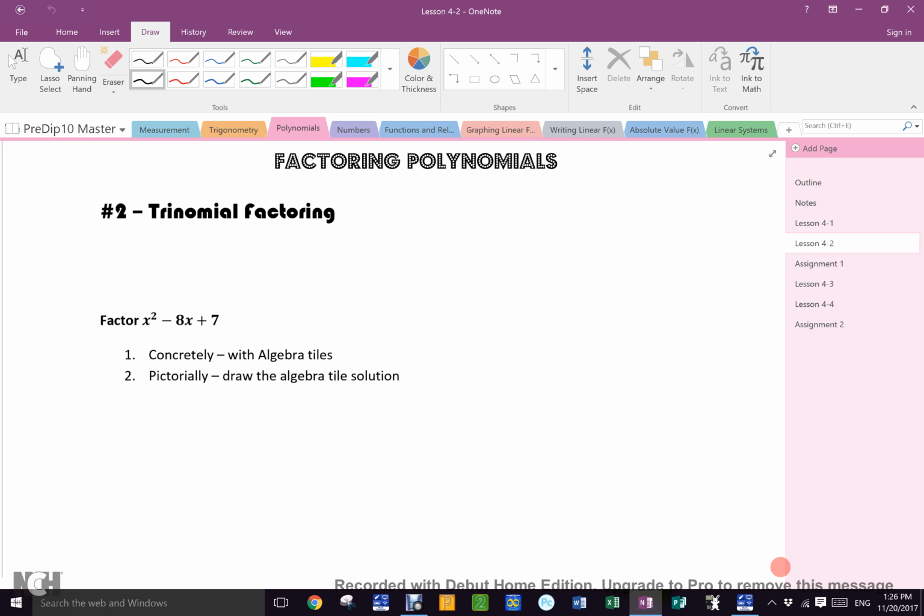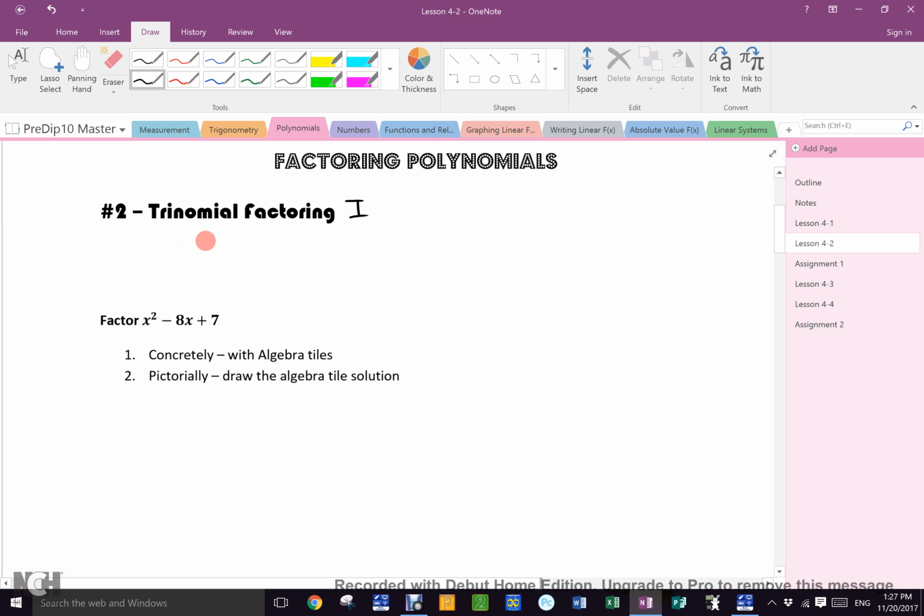Then we are going to discuss the way we do that. So the first thing we have to remember is we are going to be doing trinomial factoring. Now, yes, this should really be trinomial factoring 1, because there's another kind of trinomial factoring that we will get to later.